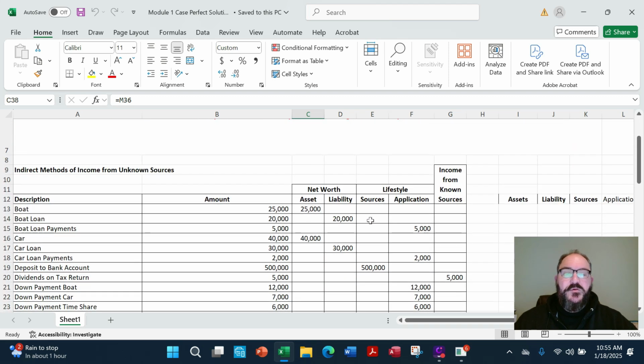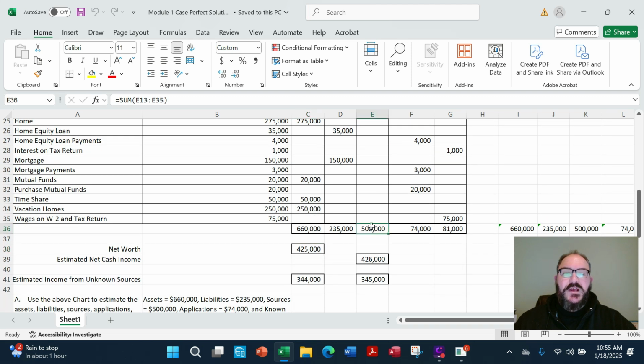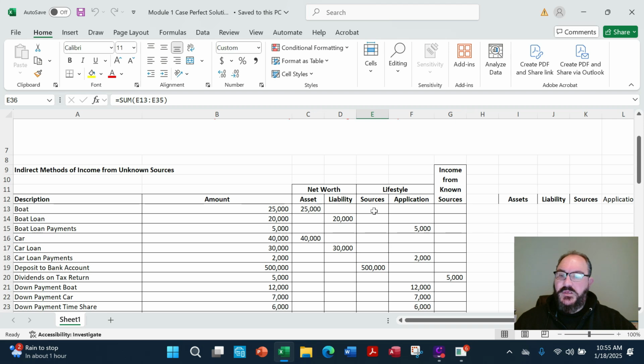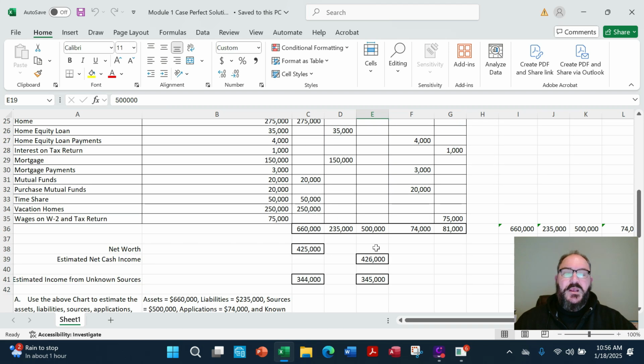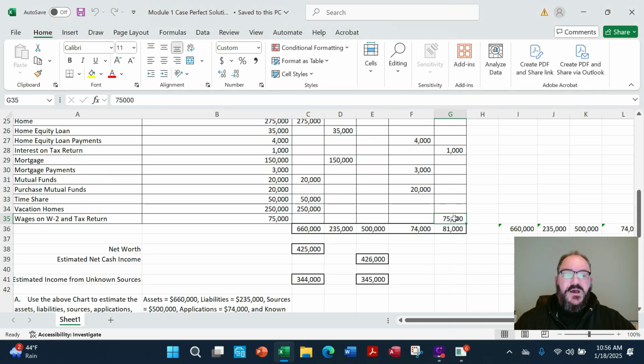Now we go over here to lifestyle, and we can see here we have $500,000 in deposit to a bank account. And then here is all of the money, the application of this money, and that's $426,000. Now we come over here, sources of income is 75.